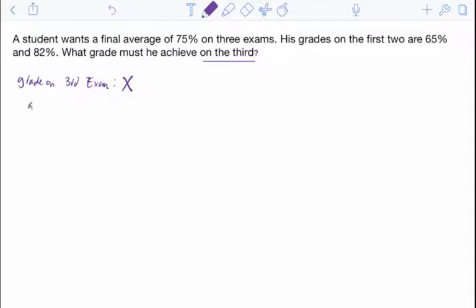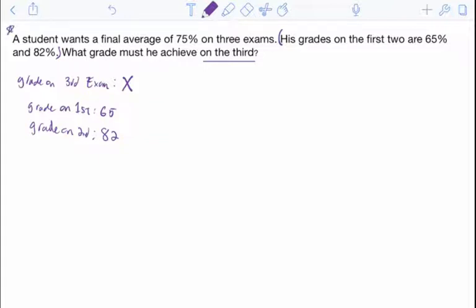Grade on first is 65%. Grade on second is 82%. I'll just understand that these are percents. These are mathematical expressions. A number is a type of polynomial, remember? So these are clues, and this part here is a relationship between the clues.